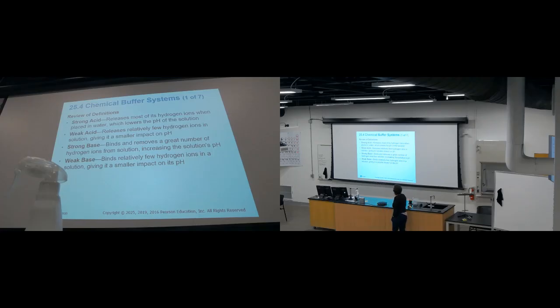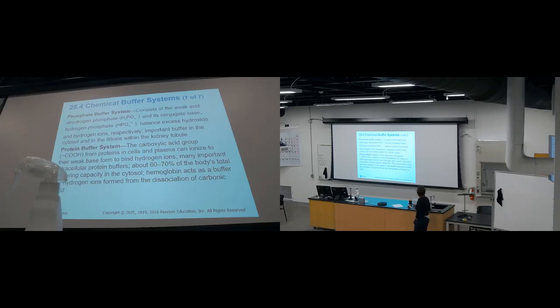While with strong acids or strong bases, you will have a complete dissociation, releasing most of the hydrogen ions, or accepting them, really quickly, so they impact the pH of the solution much more efficiently than the weak bases or weak acids.